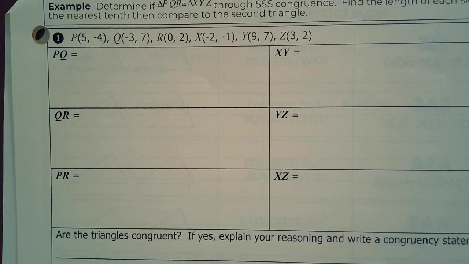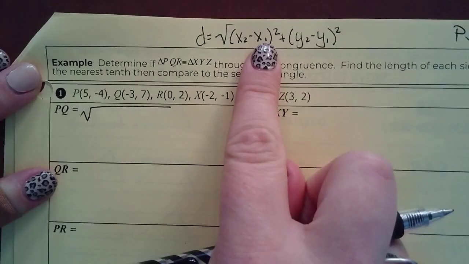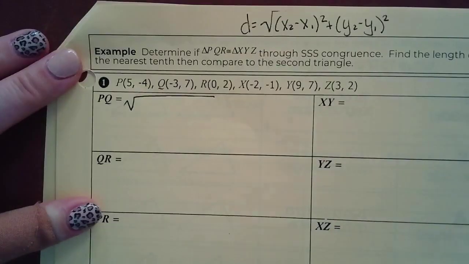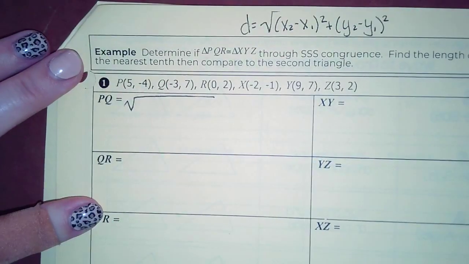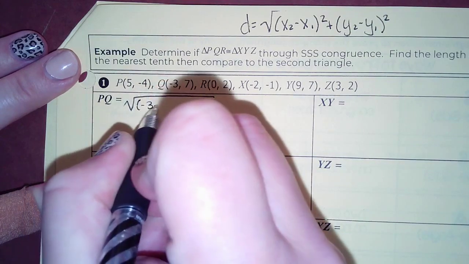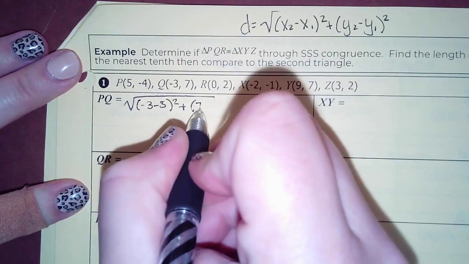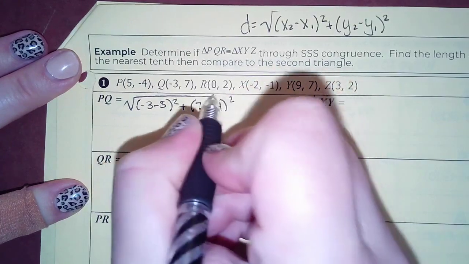So let's go ahead and start with PQ. I'm going to use my distance formula. I did put it at the top of the paper for you. So for PQ, I'll go -3 minus 5 squared plus 7 minus -4 squared.